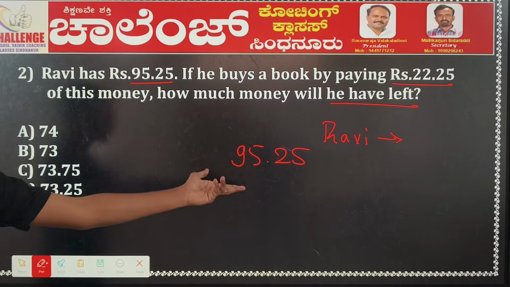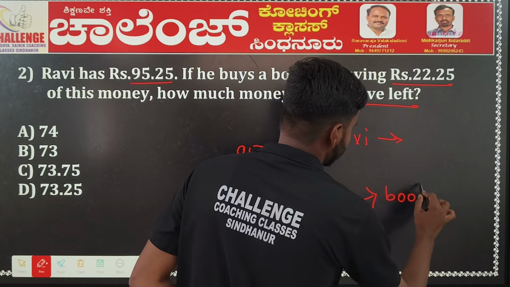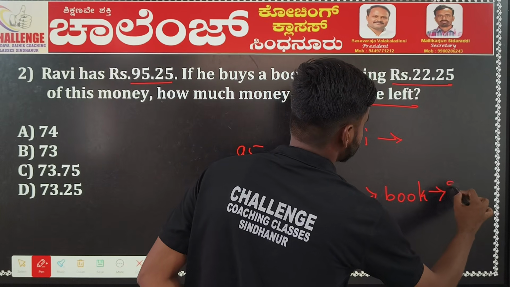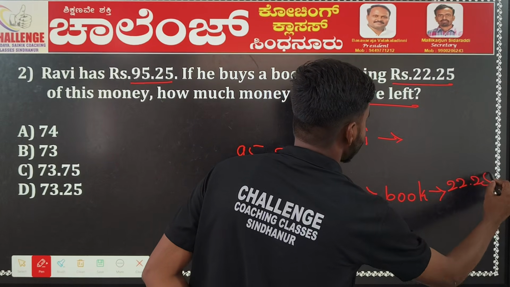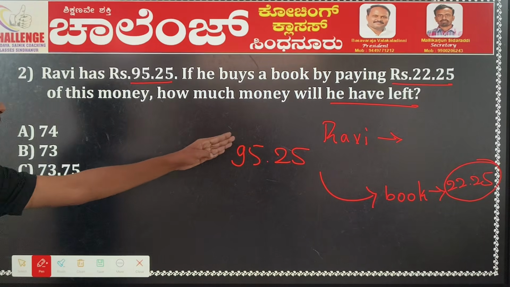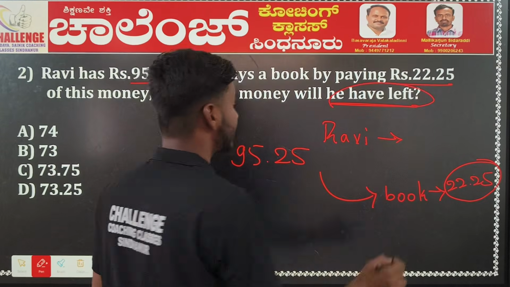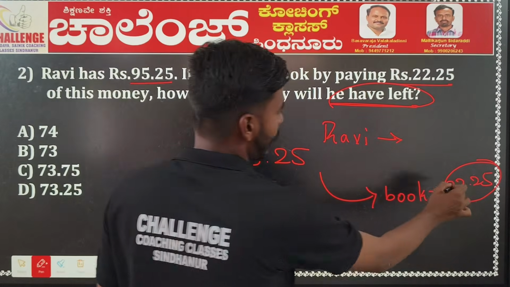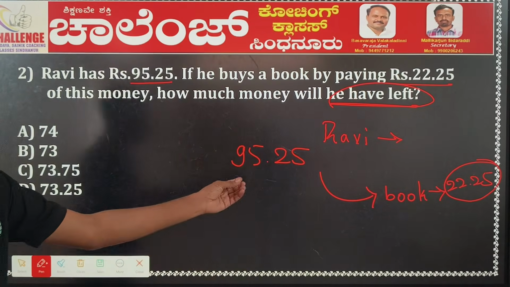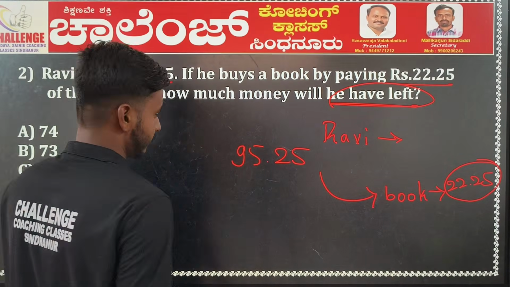In that, he bought a book worth 22.25 rupees. Then how much money will he have left? Then we need to subtract 22.25 rupees from 95.25 rupees.